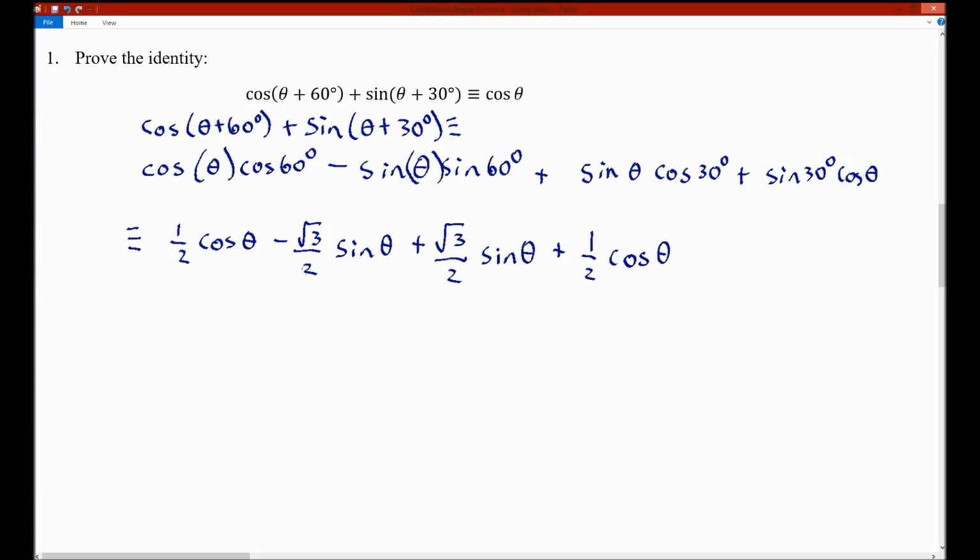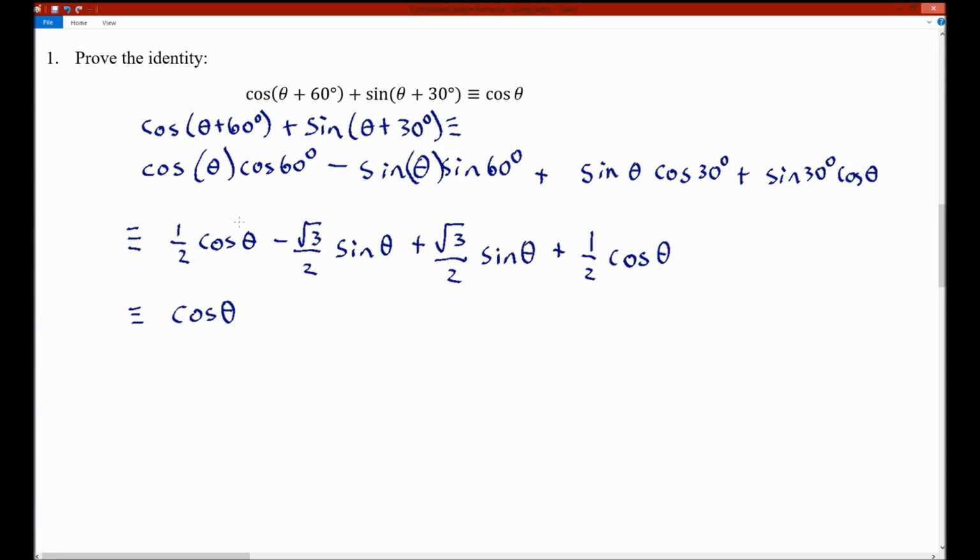We notice we've got minus root 3 over 2 here, and we've got plus root 3 over 2 sine theta over here. So those two things are going to cancel out, leaving us just half cos theta plus half cos theta, which is just going to equal 1 cos theta. And there we go. We have proven the identity that we were expected to prove.